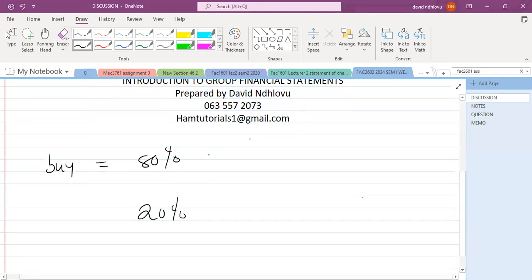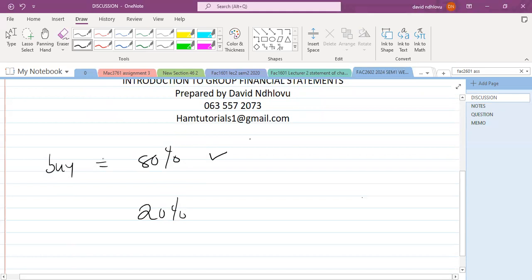So if you hold 80%, because decision making is by way of voting in a board meeting, which is dependent on the number of shares, a company that holds an 80% shareholding will hold sway in terms of decision making. It will overwhelm anyone else who has got shares in that company.